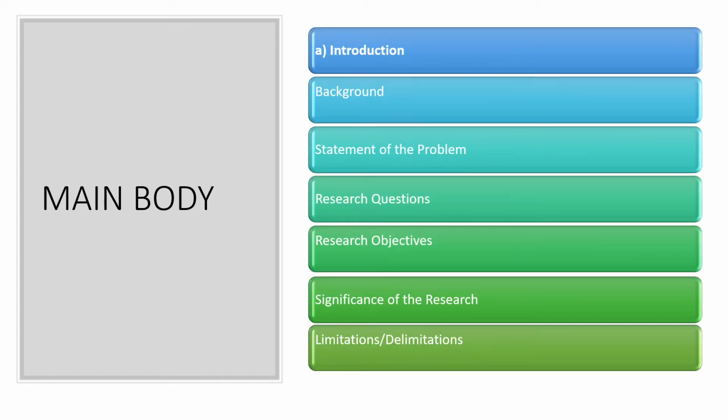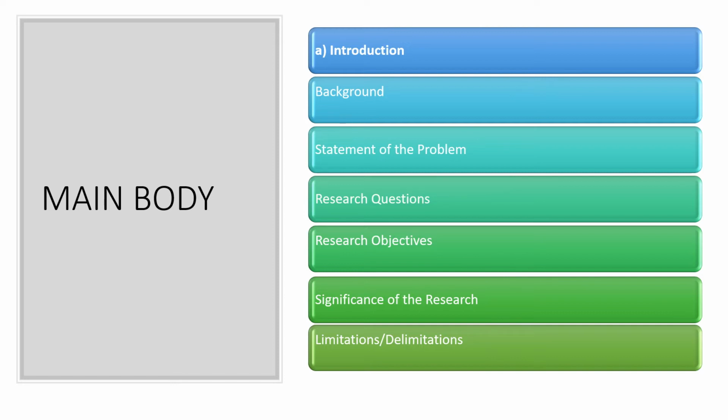Then we have the main body, in which we have an introductory section, literature review, research methodology, data analysis, discussion, conclusion and recommendations, and finally we have the terminal section, in which we include the references, appendix, etc. Let's start with the introduction.